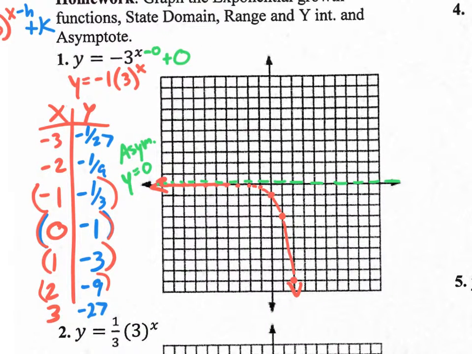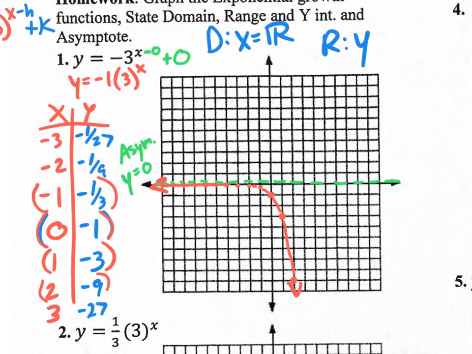How about what's our domain? Everybody should know the domain. The domain is what? All real numbers. X equals all real numbers. And it's important that you put x, right? Because domain are your x values. How about the range? The range are your y values. And your y values here of this red graph are either going to be above or below your asymptote.